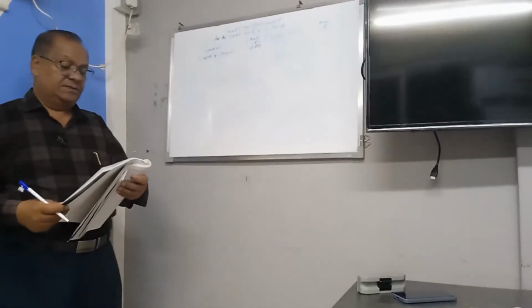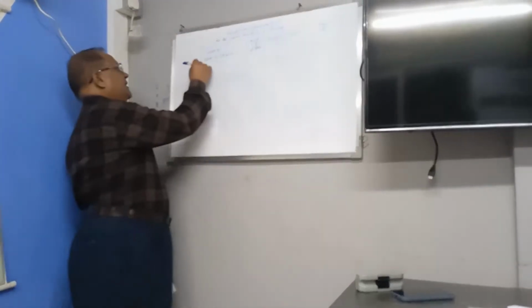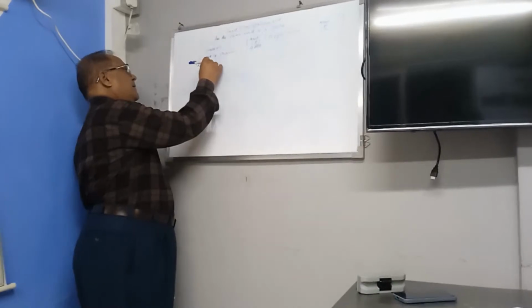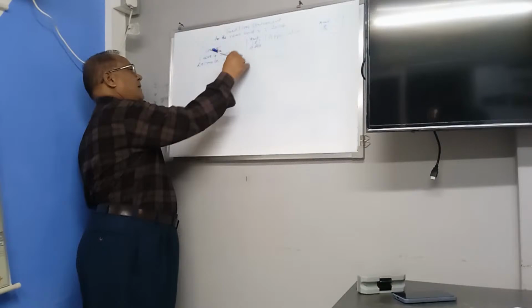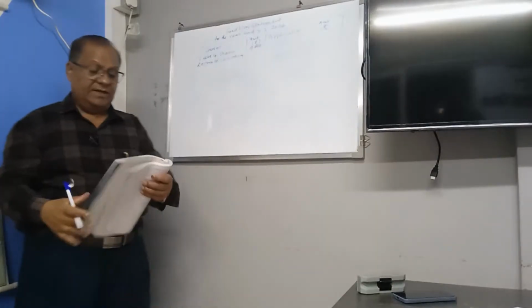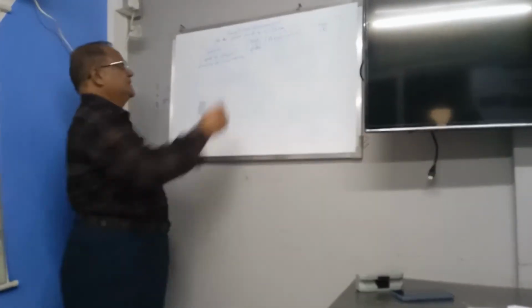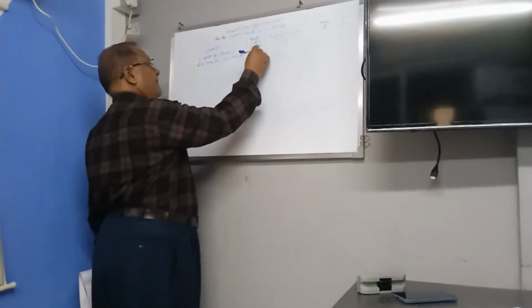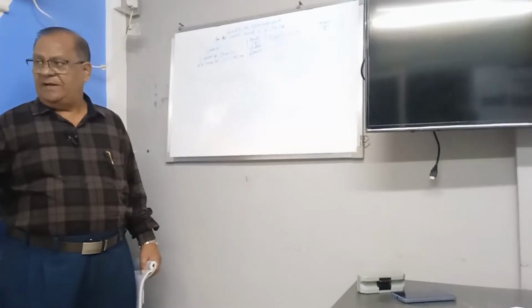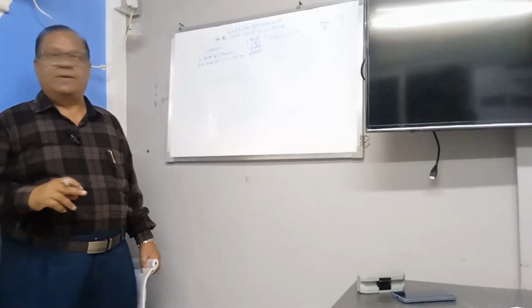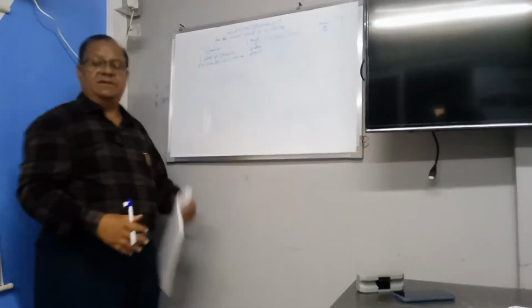It is 4,000. Then decrease in working capital. In that decrease in working capital, we ascertained 6,000 from the statement of changes in working capital. You will get it 6,000.